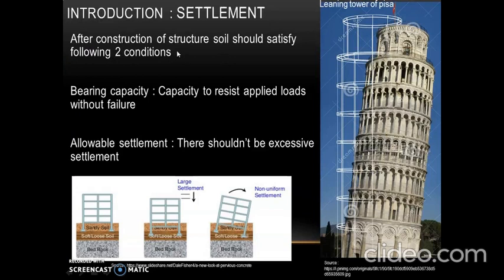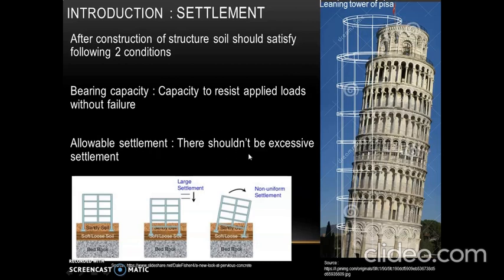After construction of the structure, soil should satisfy the two conditions. One is bearing capacity and second one is allowable settlement. That means the capacity of the soil should be high compared to the load being applied on it. So capacity to resist applied loads without failure will be the bearing capacity of the soil.